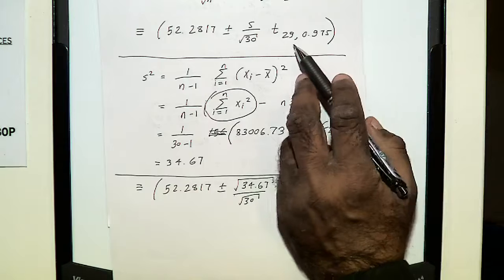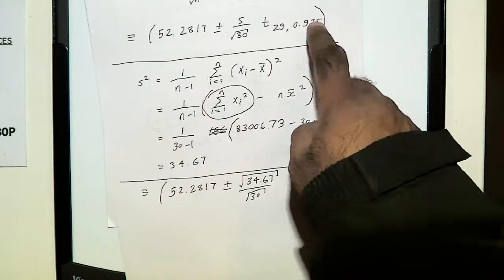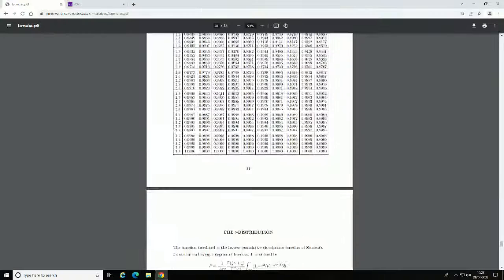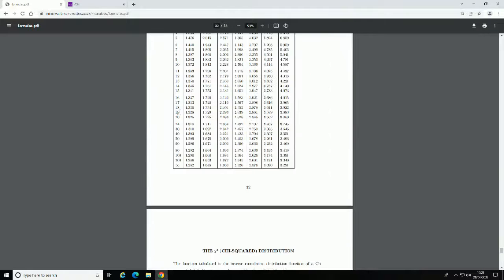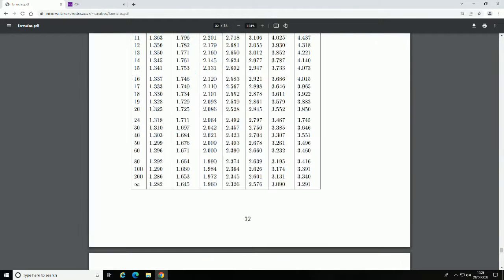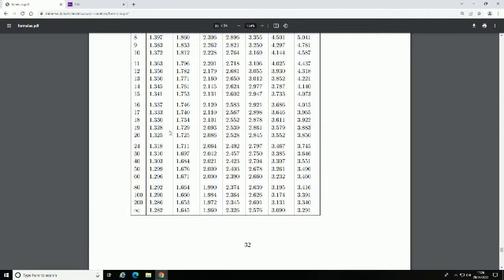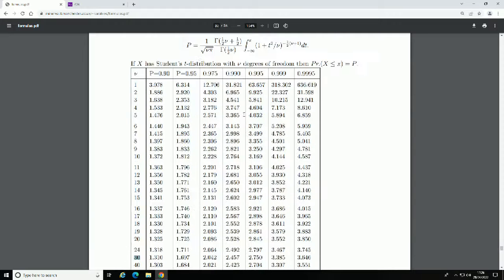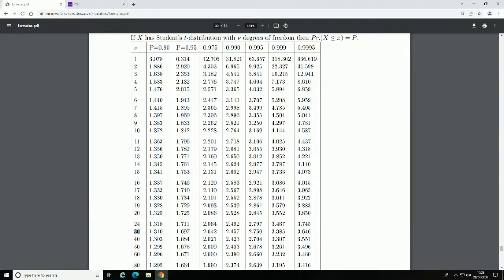Now you can read 29 off the T table, but 29 is not here, so what you can do is read the closest, which is 30. 30 is the closest number to 29, so you read 30 and 0.975, that will give you 2.042, right? So this is what you will get.